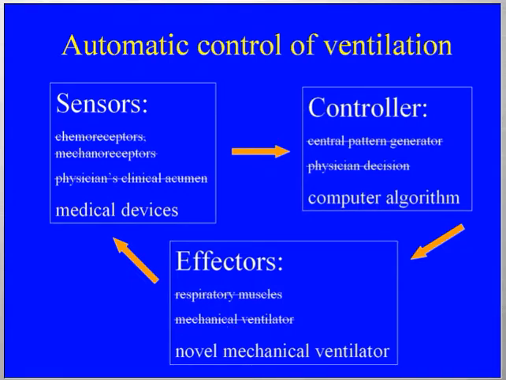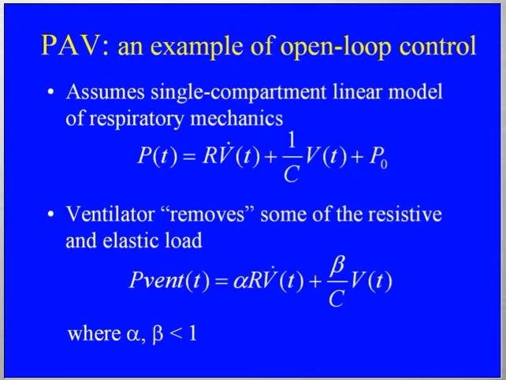And I'm going to say a novel mechanical ventilator here because most standard mechanical ventilators are not set up to do this. So now what we've done is we've taken the physician completely out of this loop. So the physician is now unemployed. But you'll be relieved to hear that that's not going to happen anytime soon at the current rate of progress. This is still very much something that's on the drawing board, although some attempts have been made, and I'll describe briefly the nature of those attempts.